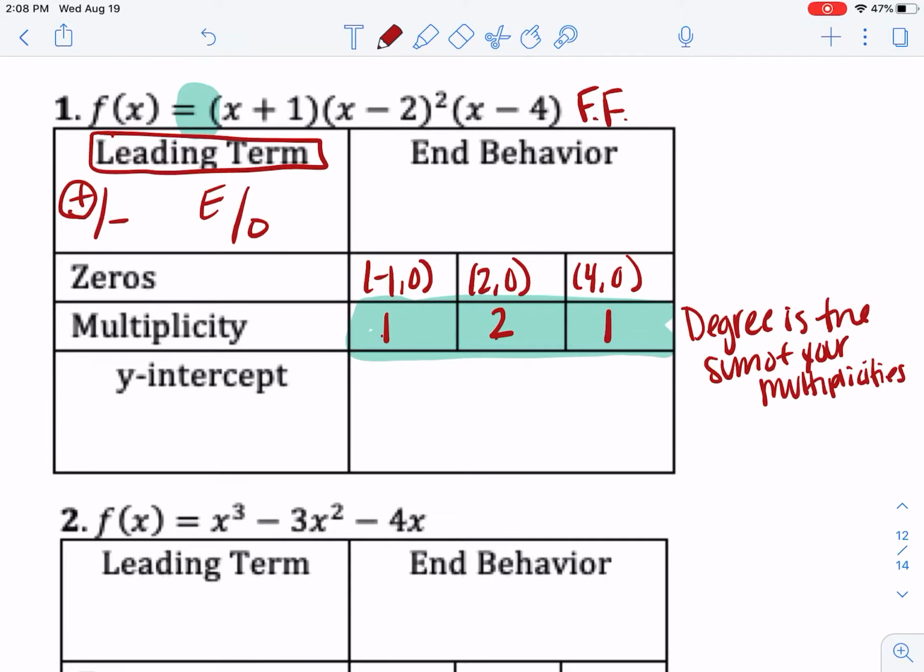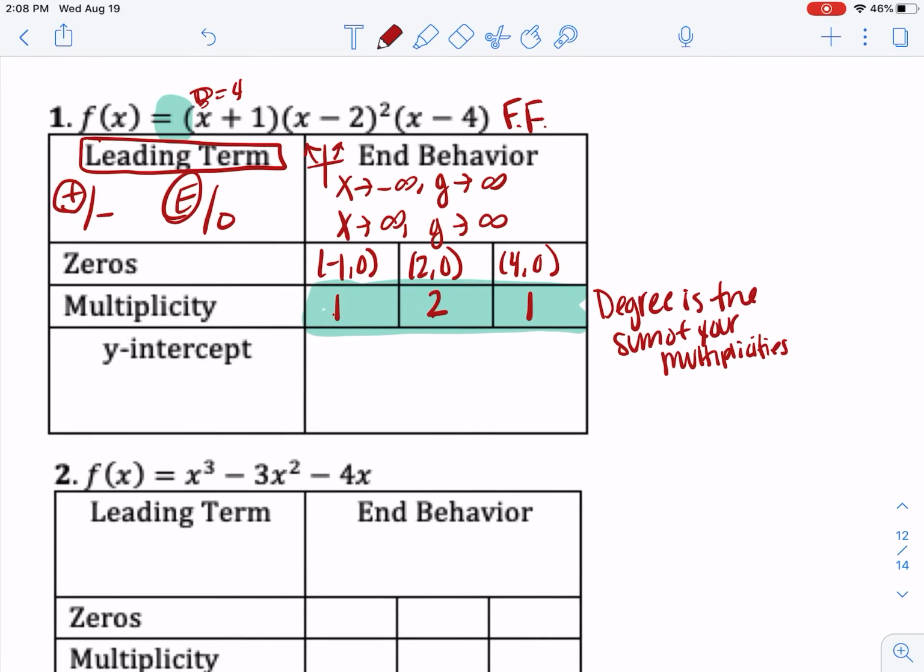So 1 plus 2 plus 1 is 4, and that's an even number. So I know that my end behavior, if I draw a sketch, is going to look like this. Both ends are going to go up. In formal notation, that means my left-hand side is going up, my right-hand side is going up.